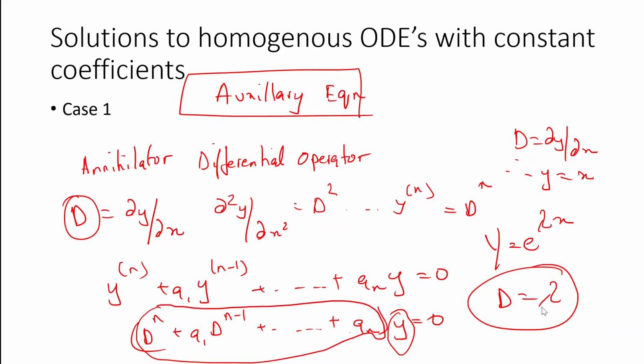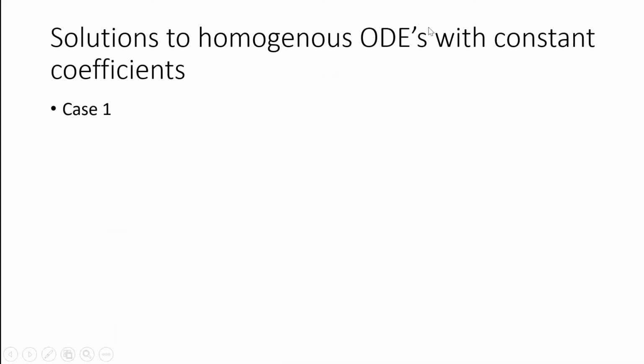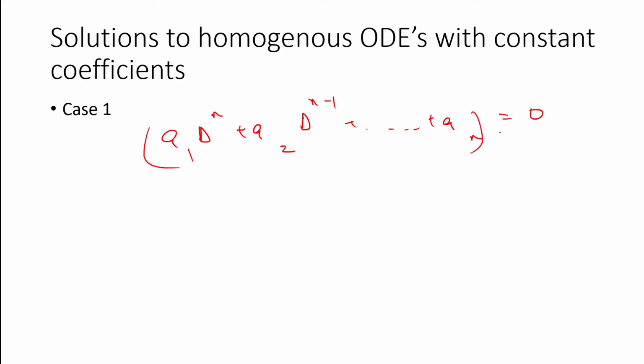So we've cleared that up: how to rewrite a homogeneous ODE with constant coefficients in the annihilator form. We write it like this: D^n plus a1 D^(n-1) up till an, times y is equal to 0.